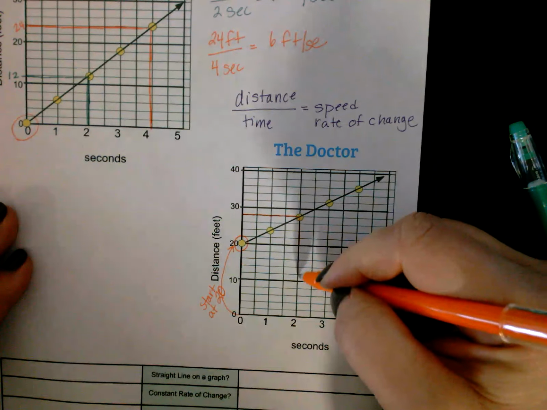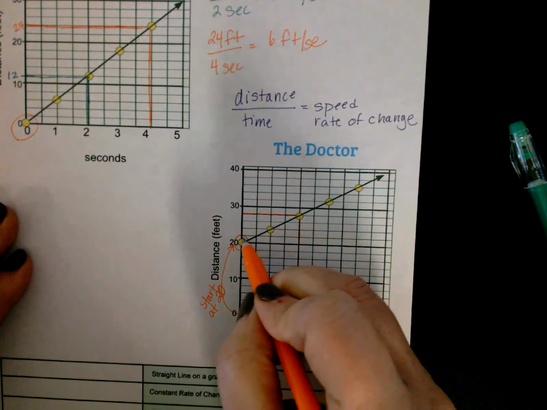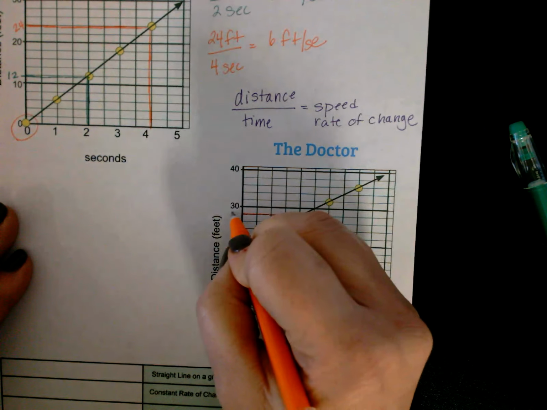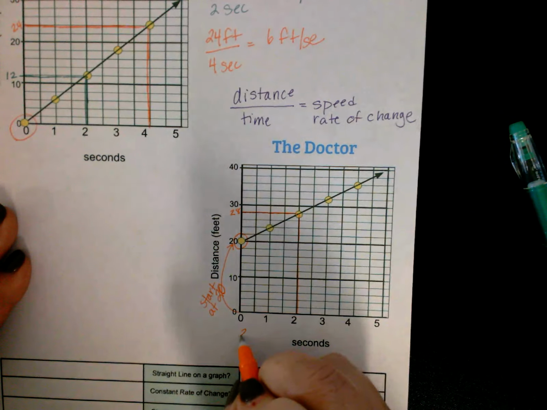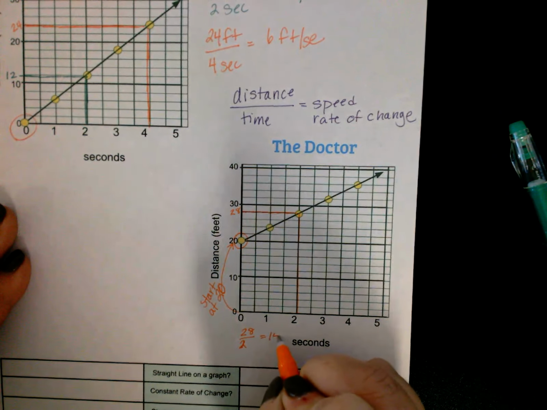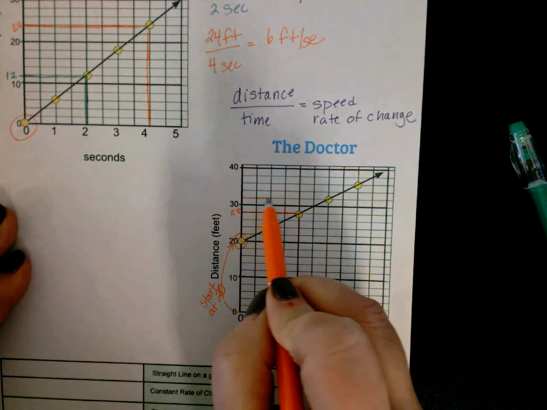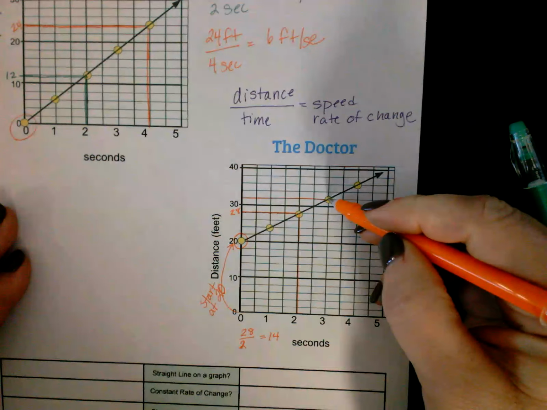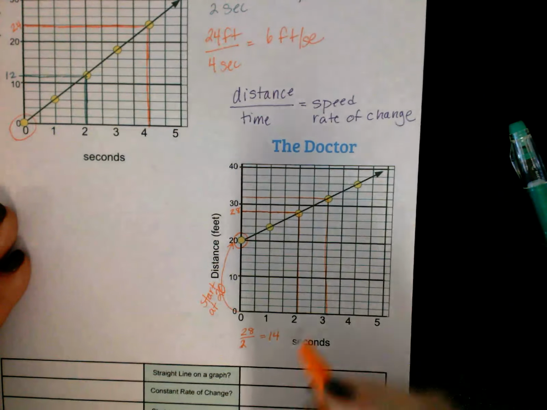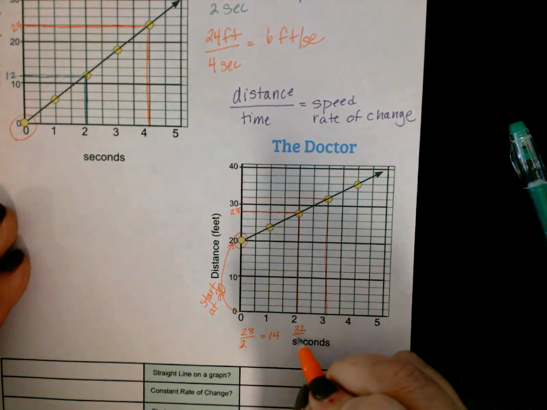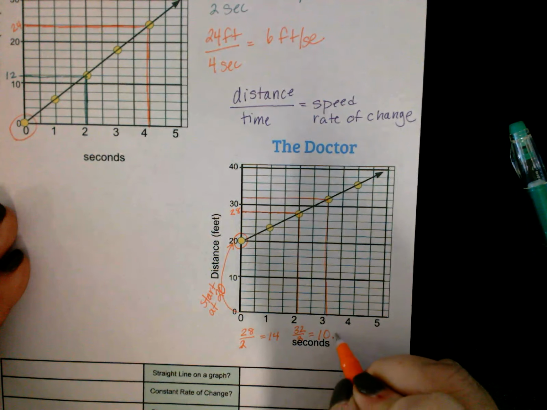Well, that just means I couldn't take this, like we did with Rose, and do 2, 4, 6, 8. That's 28 divided by 2 and get 14. And then go over here and do the same thing. I would have 32 divided by 3 and get 10.7.